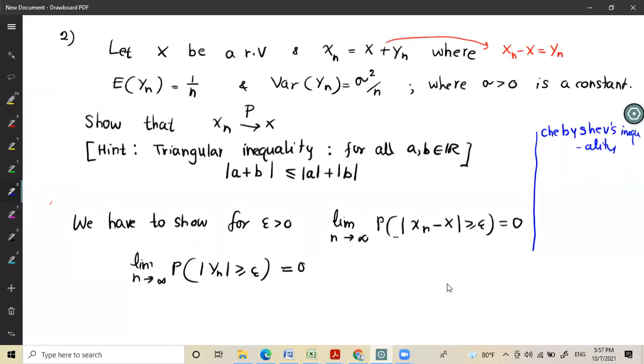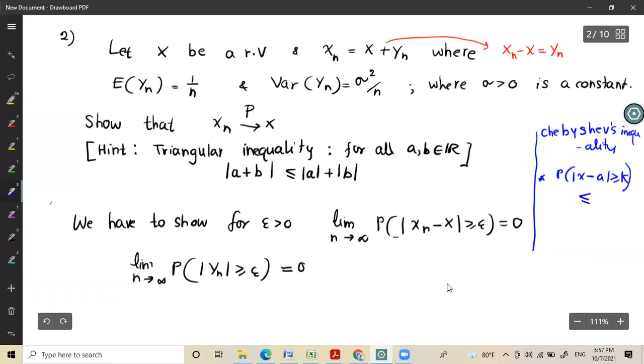Chebyshev's inequality. So here's the first form: the probability of the absolute value of x minus a greater than or equal to k.